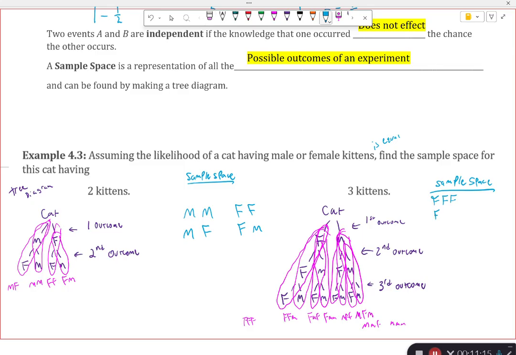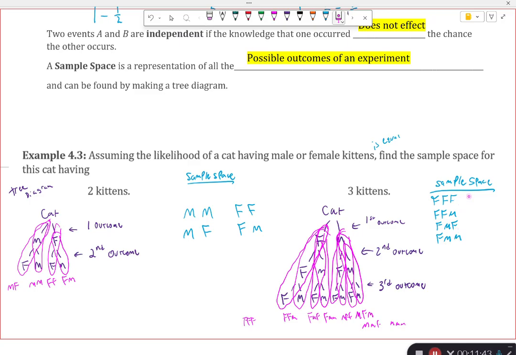We could have female, female, male. Female, male, female. Female, male, male. Notice that in the first two, I've kept the female, female for the first two outcomes, and then I changed the third outcome. For the second two, I kept it female, male, and then I changed the third outcome.